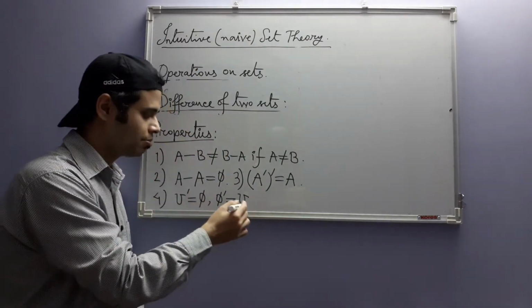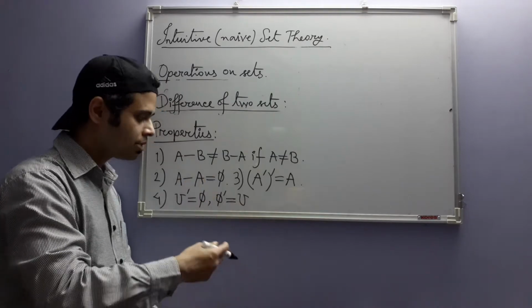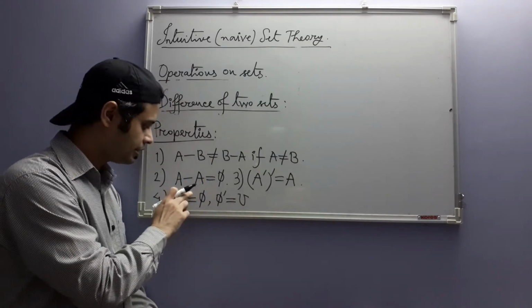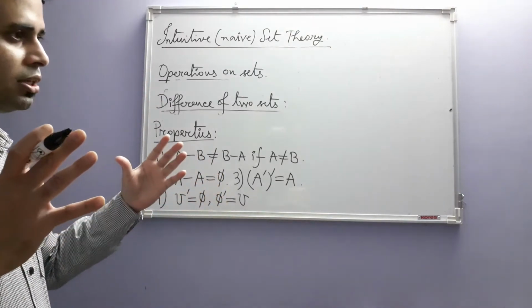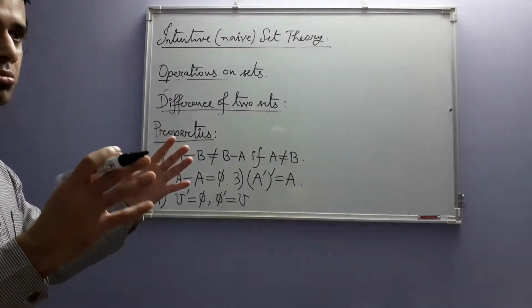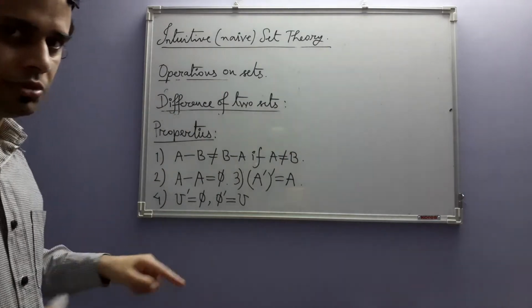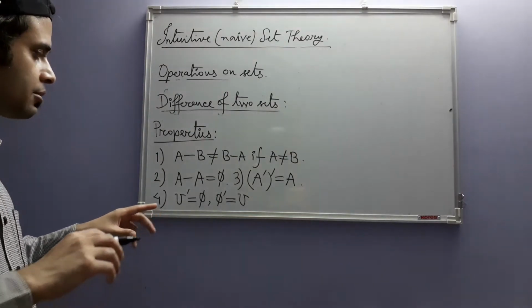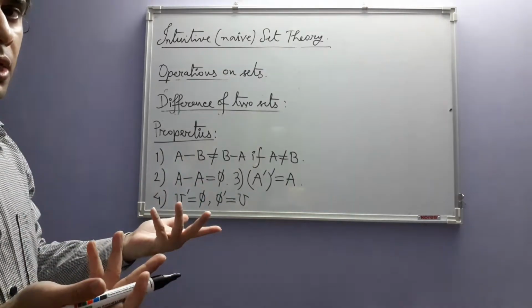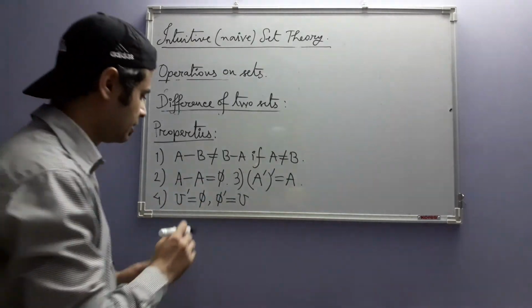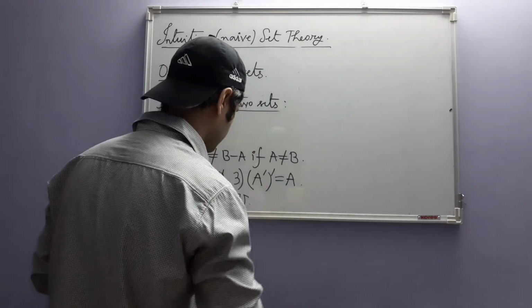Then you can write the complement. Otherwise, without a universal set, this complement itself does not make sense. For you to be able to think of a complement, first of all there should be a universal set. Otherwise, the complement of the given set in what universe are you considering? That should be made clear first of all.